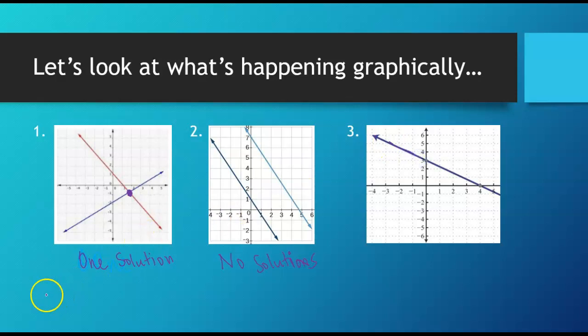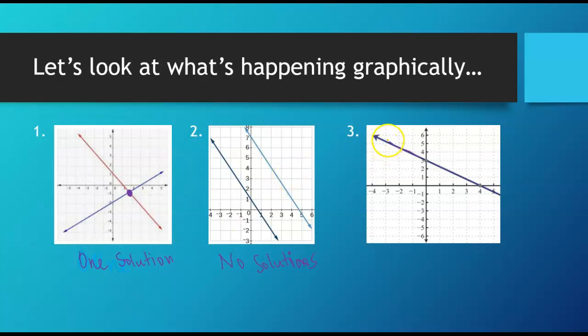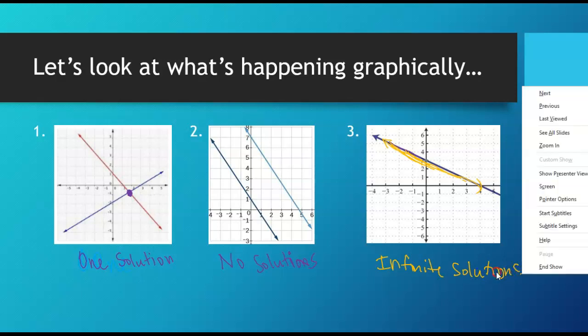If I have two lines, but when you graph them, they're actually both the same line, one is right on top of the other. They line up perfectly, then you're going to have infinitely many solutions, okay?